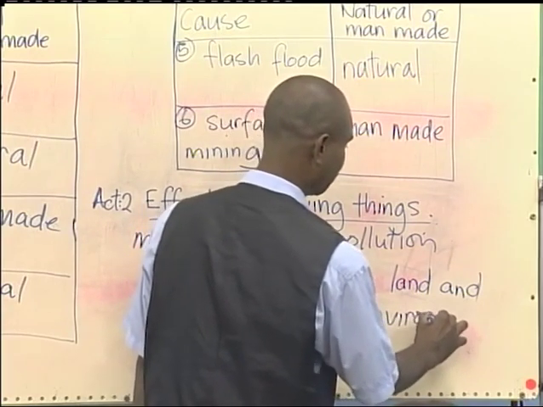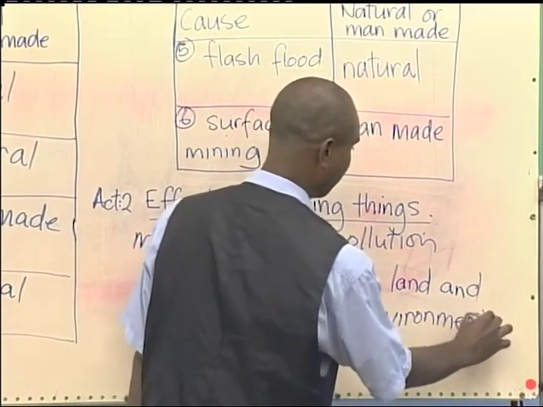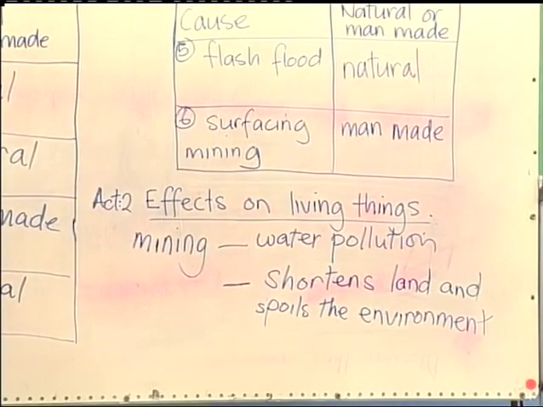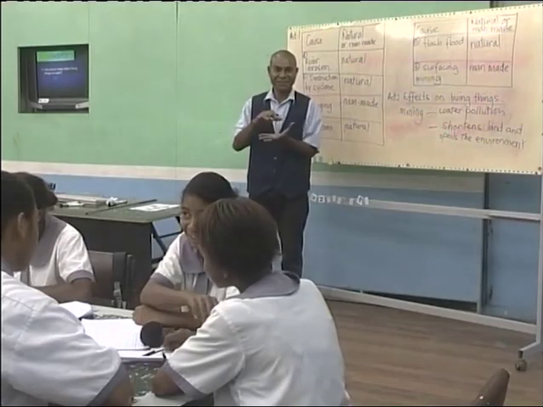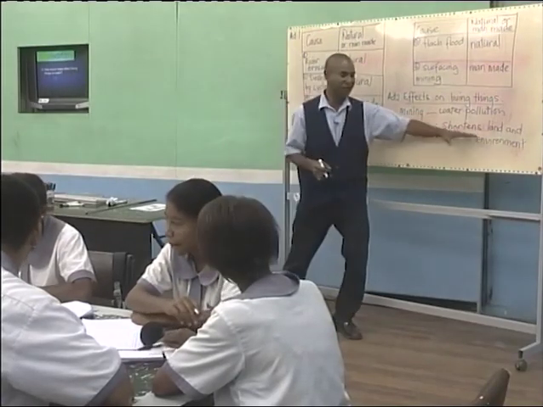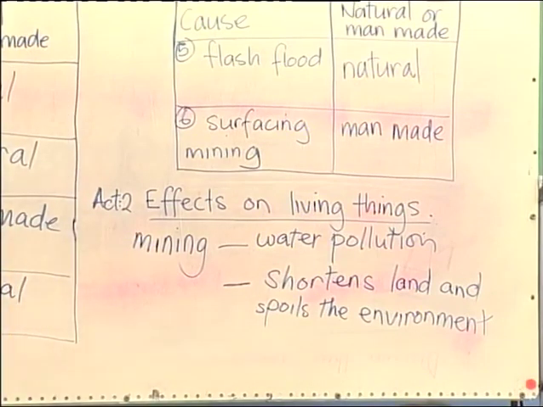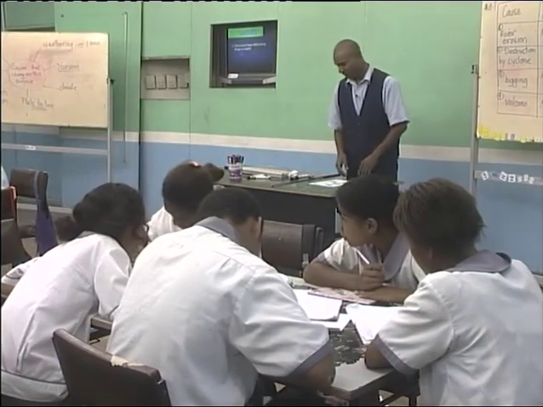When you say shortens the land, what do you mean? Does it make it small or make it big or thin, or what do you mean by shortens the land? Shortens the land for what? All right, we'll come back there.